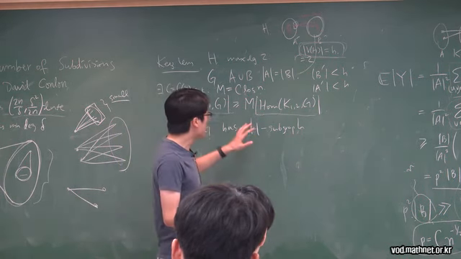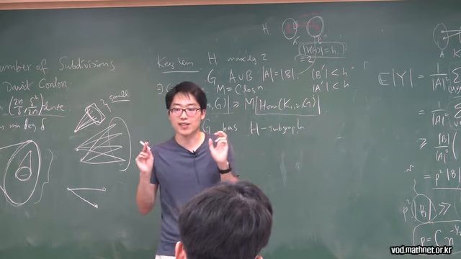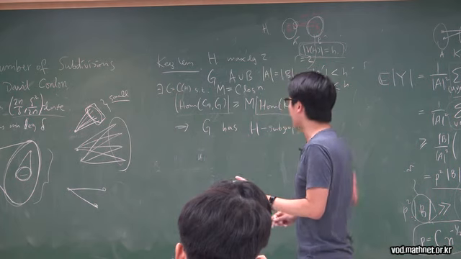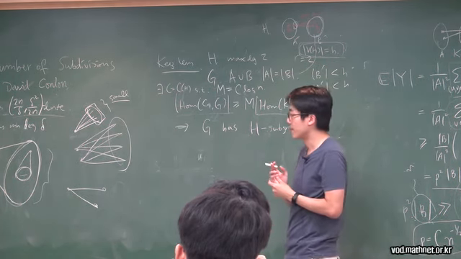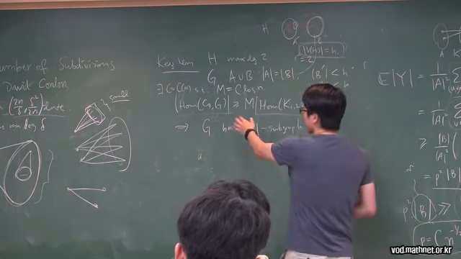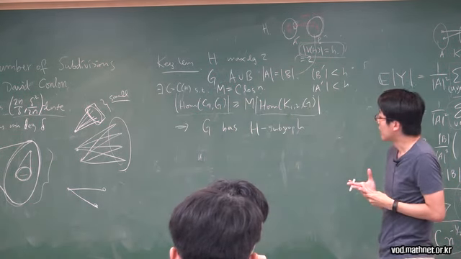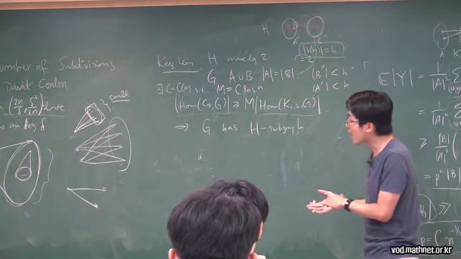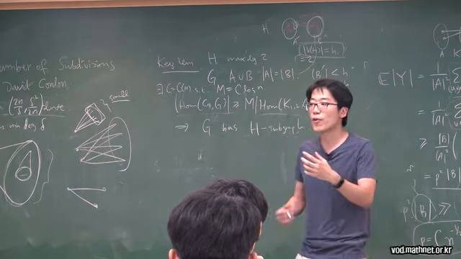However, if it sufficiently exceeds the number of K12s, which means there are true copies of 4 cycles, then G must have a copy of H as a subgraph. So if it exceeds this threshold, then we have an H copy. And hence, if there are lots of heavy edges, then we win by this lemma.